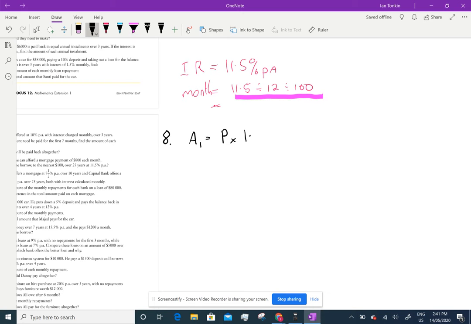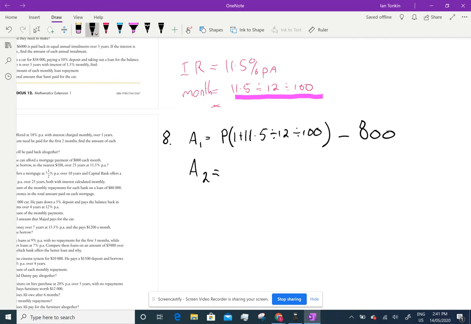So I'm going to write 11.5 divided by 12 divided by 100. And it's 1 plus that, because it's 1 point whatever. Minus, now we know that Brianna wants to pay $800 a month.